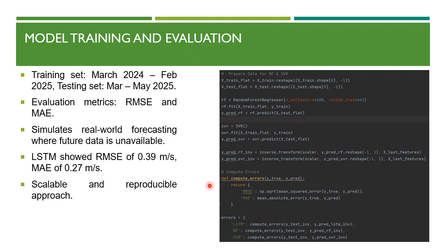And then we computed the RMSE errors and MAE errors, the root mean square errors and the mean absolute error, in the code. The results displayed that LSTM had the least score, and we'll delve deeper into the model comparison as the presentation goes on.